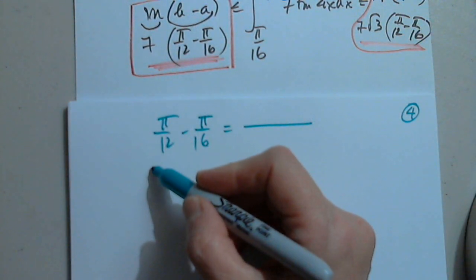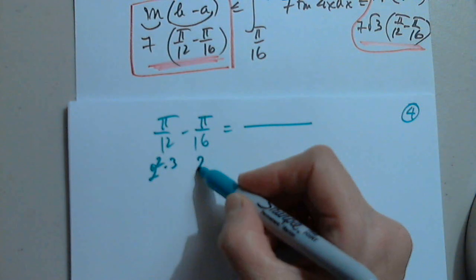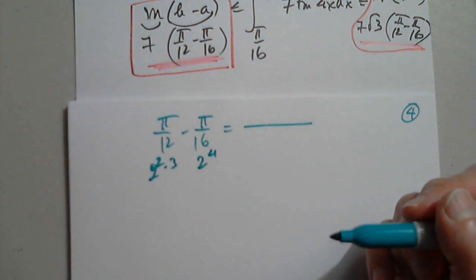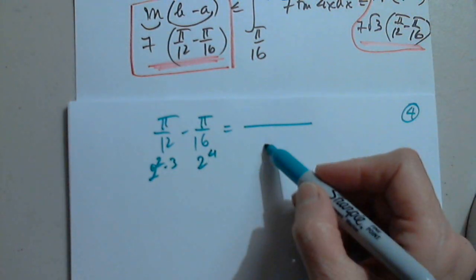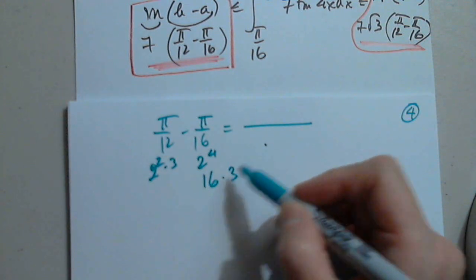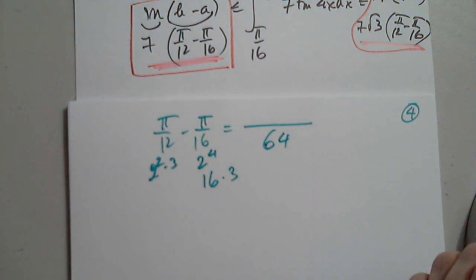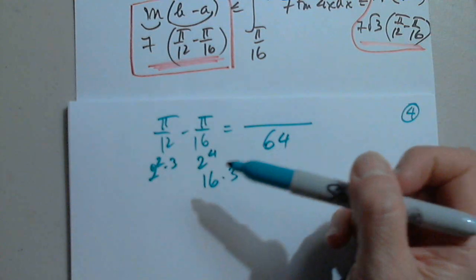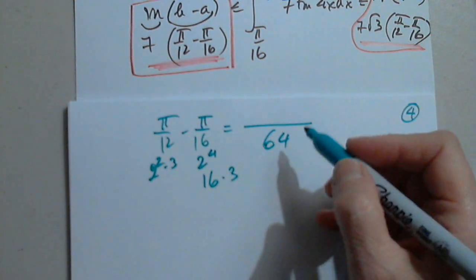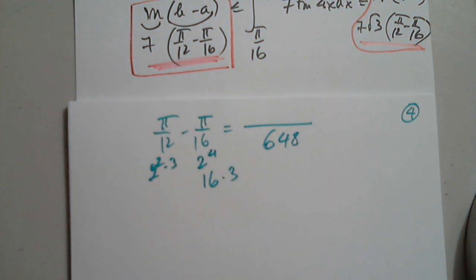So this is 2 squared times 3, and this is 2 to the 4th. So I need 2 to the 4th times 3. So this is 64. Okay, 48. What am I doing?